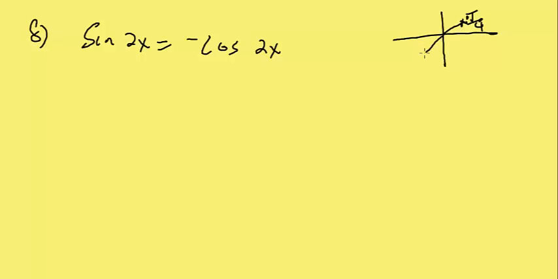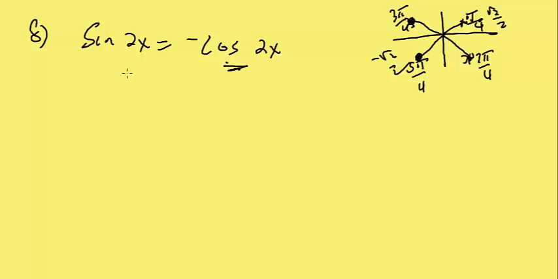And at 5 pi over 4, both sine and cosine are exactly the same, negative root 2 over 2 and positive root 2 over 2. But at 3 pi over 4 and at 7 pi over 4, sine and cosine are exact opposites, and that's what we're looking at.